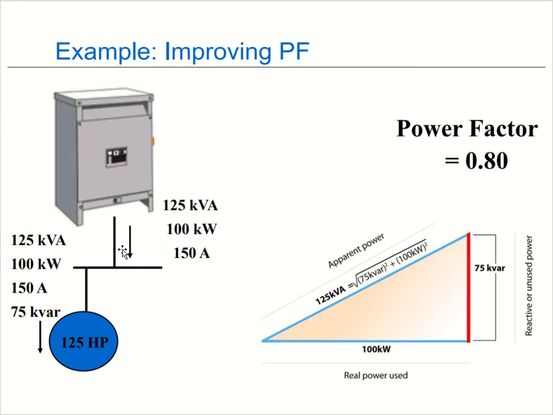You can find that by multiplying square root of 3 times 480 times 150 times 0.8, which is your power factor. That will give you 124,694, which is basically 125 kVA.